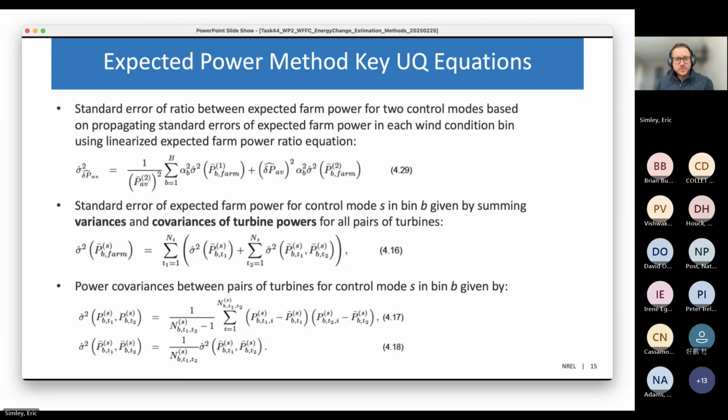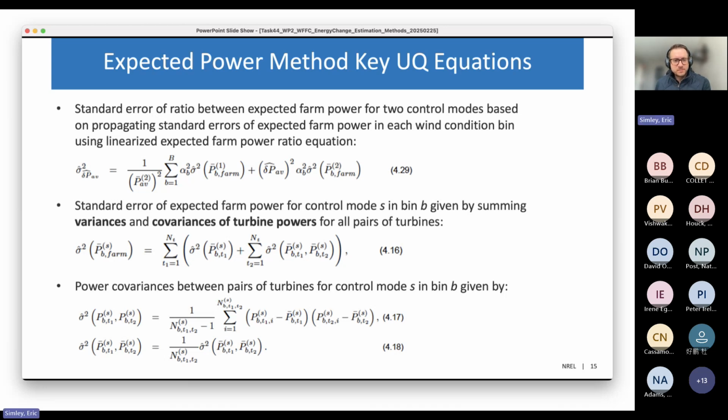And those in turn are computed using equation 4.16, where we're summing over all of the pairs of turbines and then summing the variance of the power for a particular turbine, and then the covariance between different turbine pairs of their power within that wind condition bin.